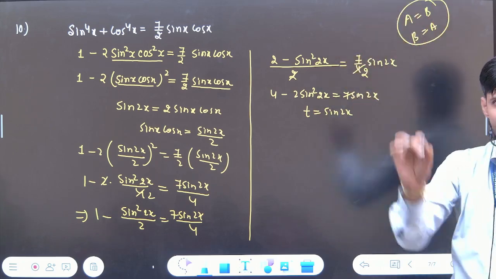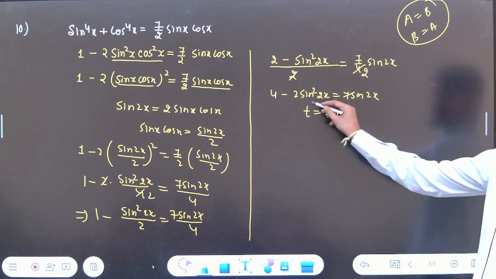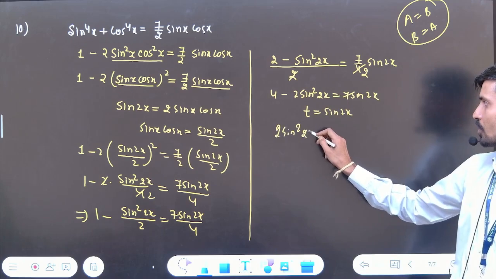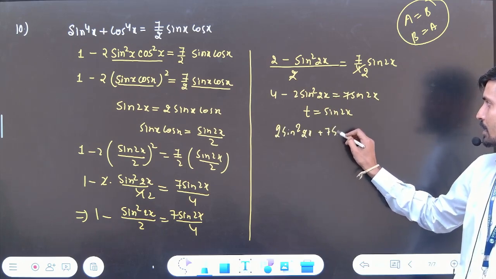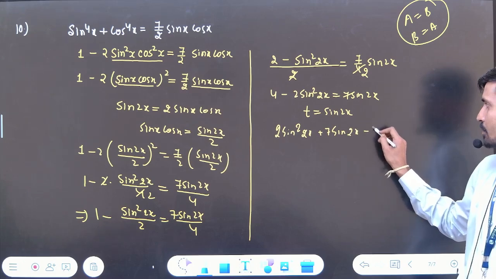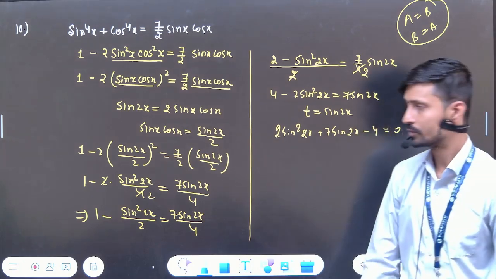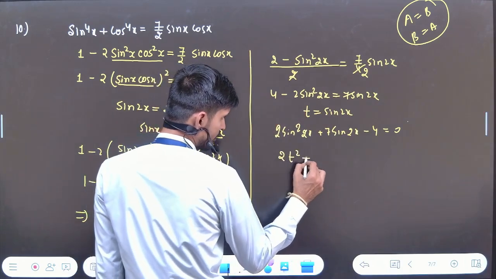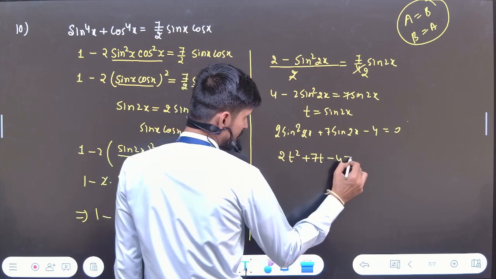Both are the same thing. So this will go that side, and that will become 2 sin^2 2x plus 7 sin 2x minus 4 is equal to 0, and that will become 2t^2 plus 7t minus 4 is equal to 0.